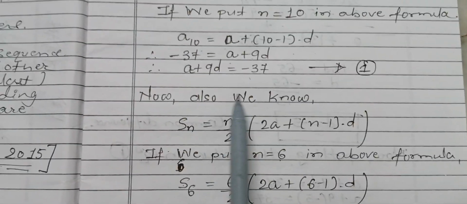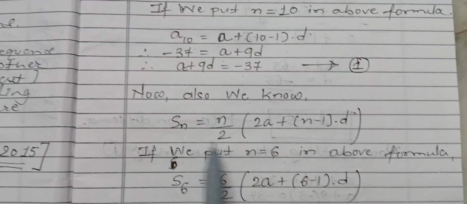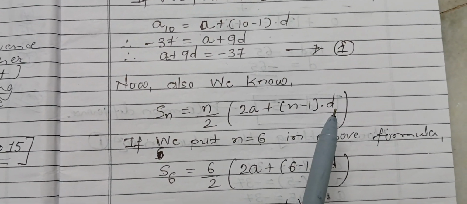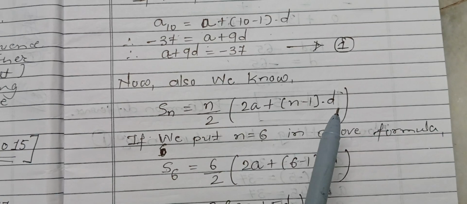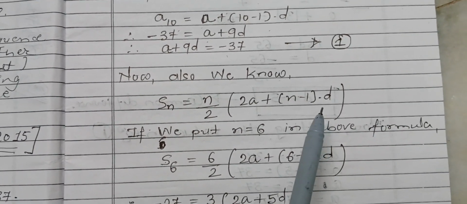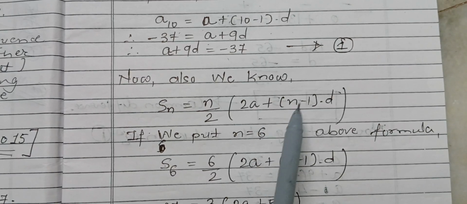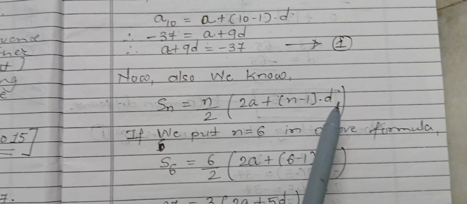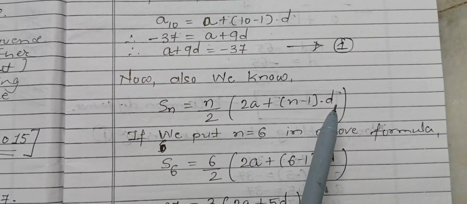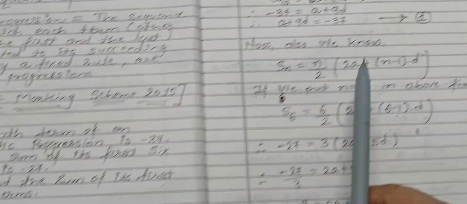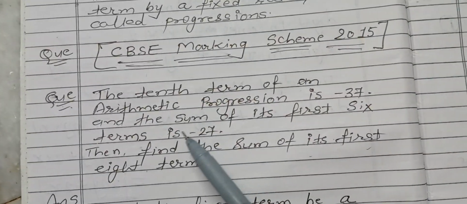Now we also know the sum formula, which is also given in the arithmetic progression chapter for the 10th standard. Sn is equal to n by 2 into 2a plus n minus 1 into d. This is the sum formula for the arithmetic progression. What is given to us in the question about the sum?